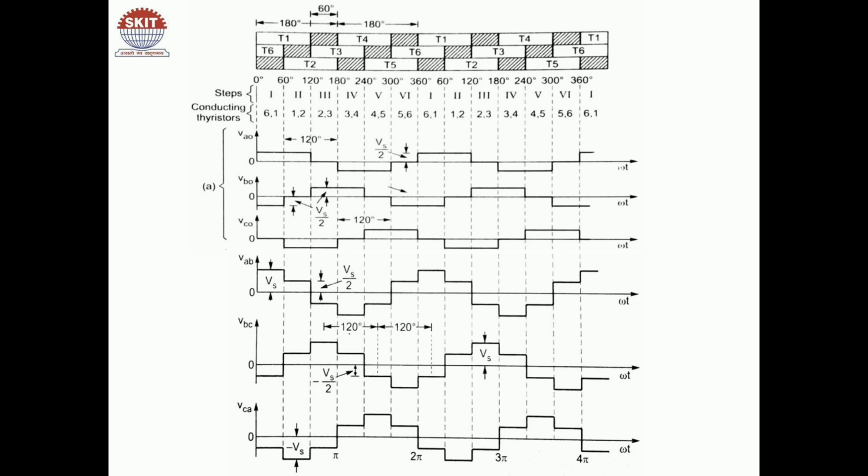So that will start from 240 degree with the magnitude of Vs, then Vs by 2, then minus Vs by 2, then minus Vs. And just before the angle of 240 degree, it will happen like this.